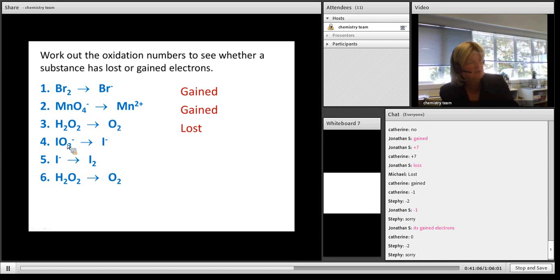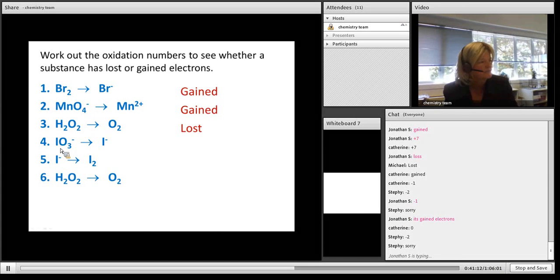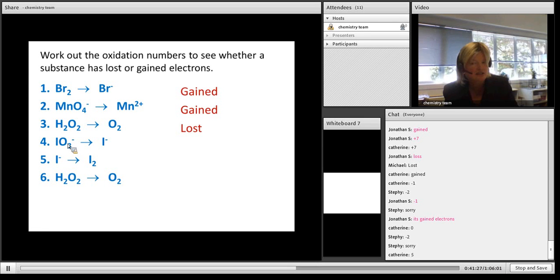What about iodate? Okay, iodine with oxygen is iodate. Remember, anything with ate has oxygen. I've just suddenly seen number 6 is exactly the same as number 2. Okay, iodate to iodine, iodide. Can anybody work out the oxidation number of iodine in iodate? 5.